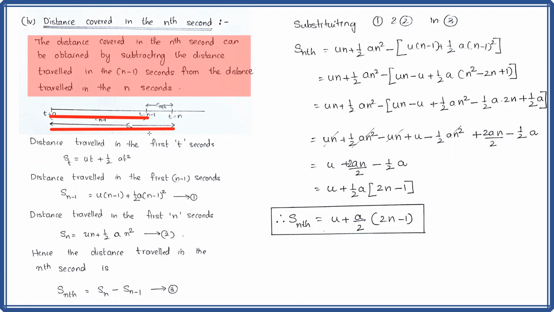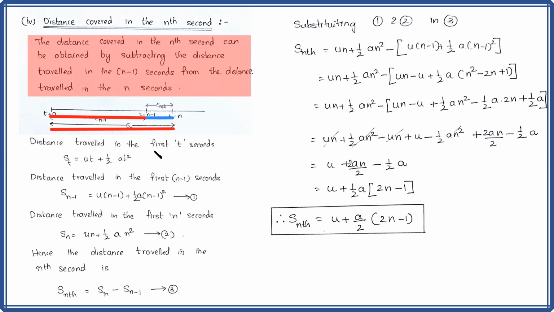Then if you subtract the distance traveled in n minus 1 seconds from the distance traveled in n seconds, you will get the distance traveled in the last second, which I'm showing with the blue color. So the blue color one is the distance traveled in the last second. This can be obtained by subtracting the distance traveled in the n minus 1 seconds from the distance traveled in the n seconds. So let us take the equations.